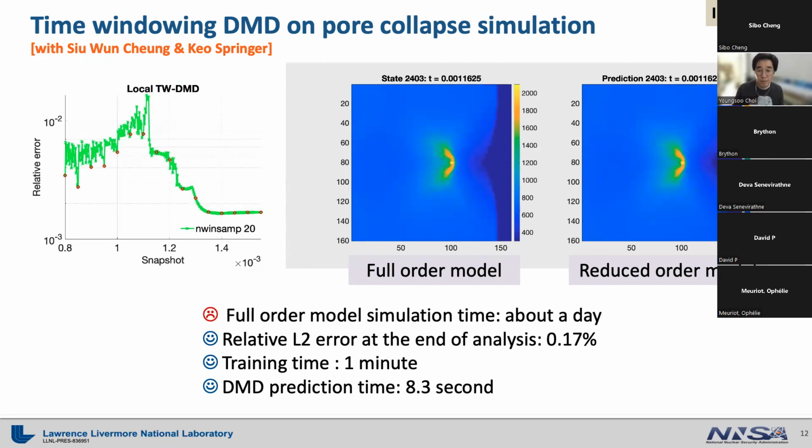The pore collapse simulation is notoriously known to be very computationally expensive. This particular full order model simulation takes a day. However, DMD was very fast, taking 1 minute for training and 8.3 seconds for DMD evaluations. By the way, this speed up was achieved without losing much accuracy at all. The DMD achieves a relative error around 0.2%, which is basically indistinguishable from the full order model solution.